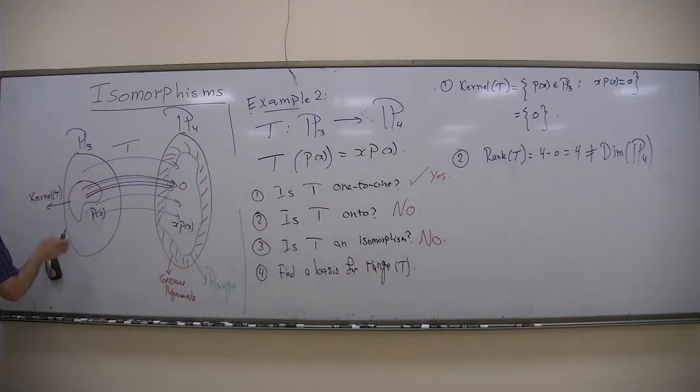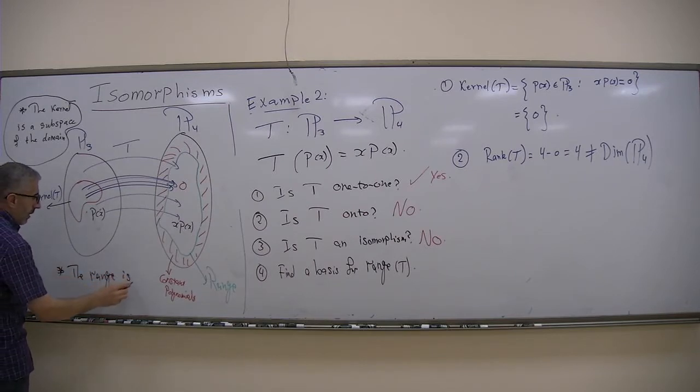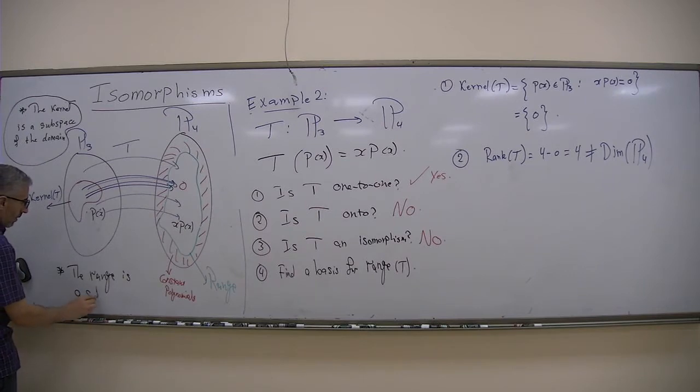The kernel is a subspace of the domain, and the range is a subspace of the codomain.